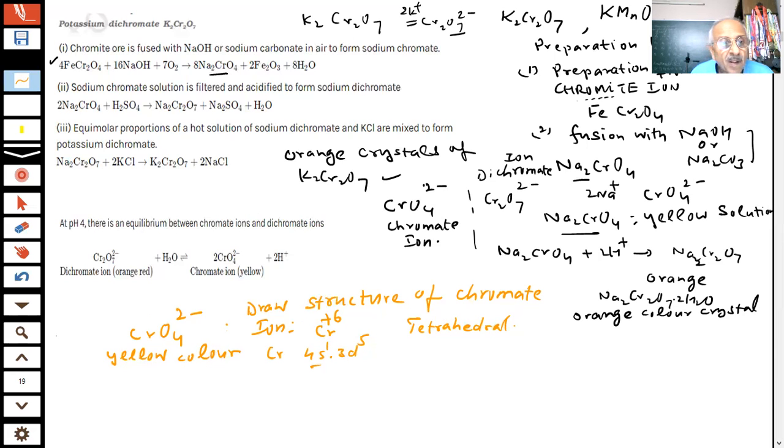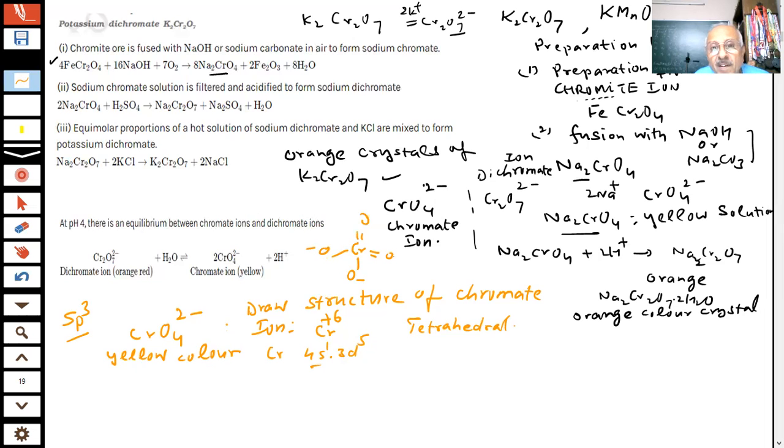There are 4 bond pairs, so this is sp3 hybridization. And then how will it look? CrO4, you have 2 minus charge. You can see there are 4 oxygens. Something like this. This is the structure of the chromate ion, students.